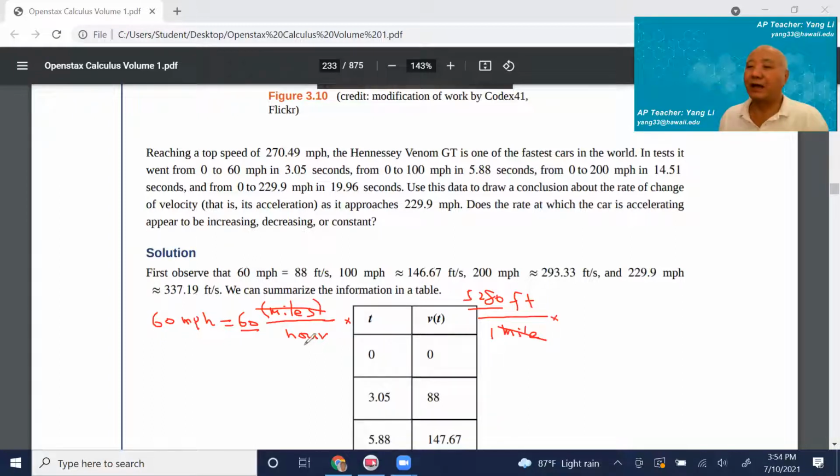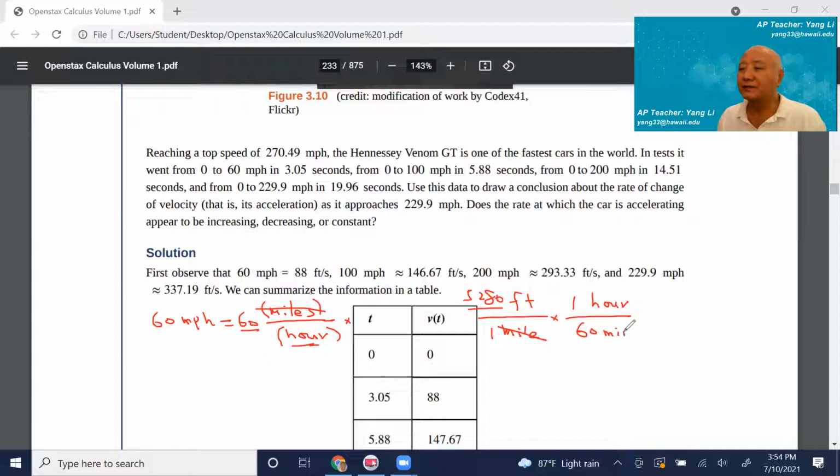But we're going to get rid of the hour, going to minutes and then seconds. Because I want to get rid of the hour as a denominator, I have to put hour as the numerator. So we have 1 hour, which is 60 minutes.